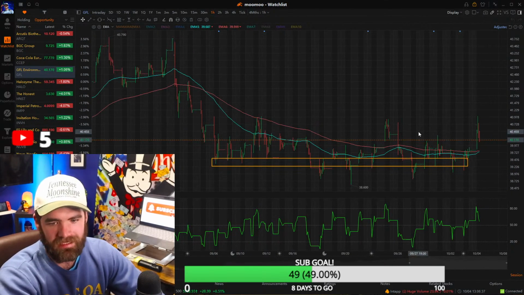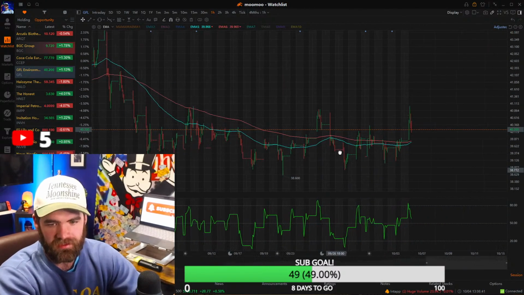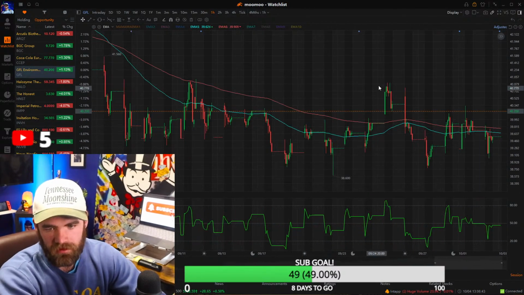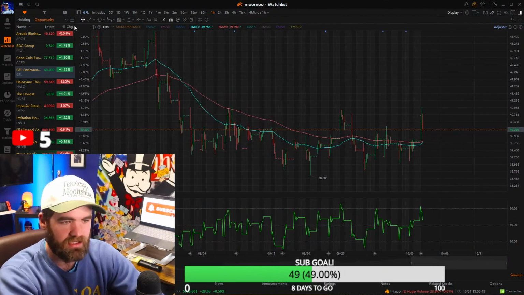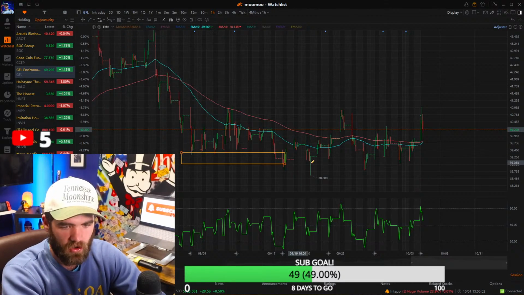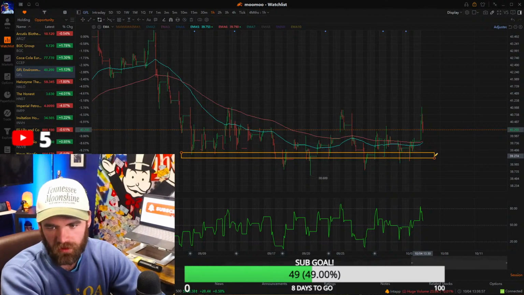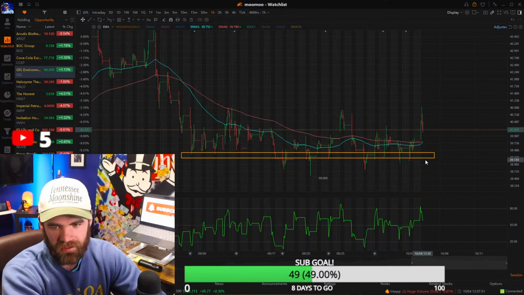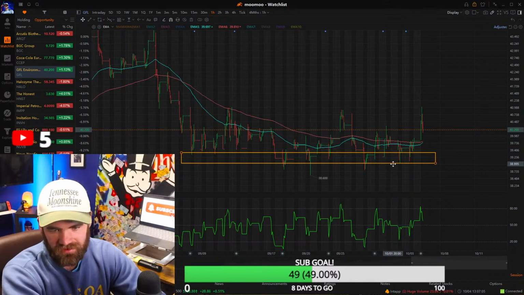GFL is another play that is popped up. One of the biggest downsides that I've been seeing with this stock here is it pops up and within that next day it sells back off. So I do think you guys can see that this one here has very hard support in this range from about 39.40 to about 39, actually to almost $38 now that I'm looking at it, in that range.